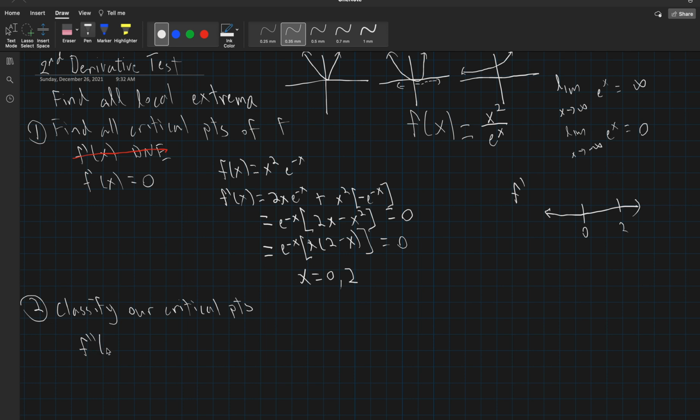So let's take f double prime of x. So f prime of x, let's look at this line right here. We can just do the product rule. Actually, let's do the product rule on this step right here.